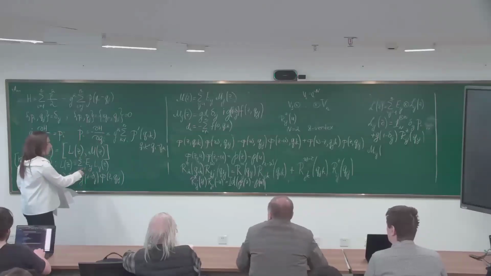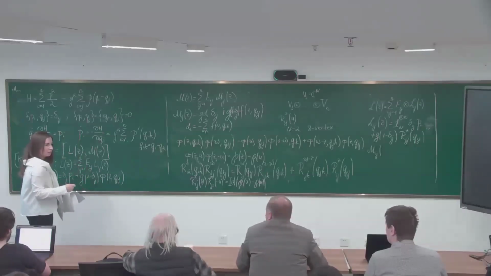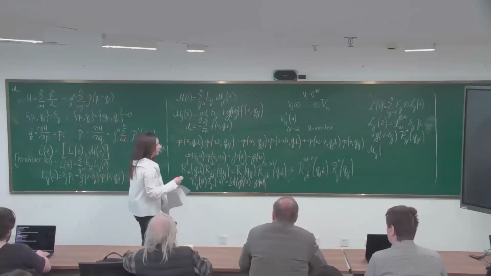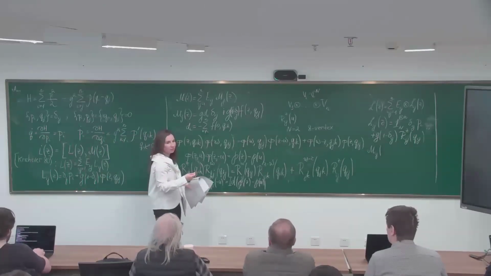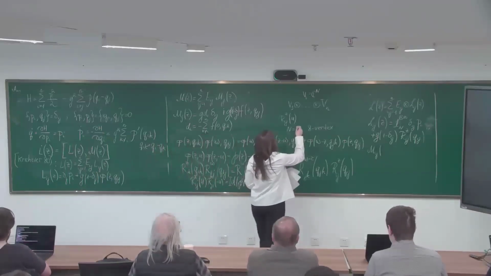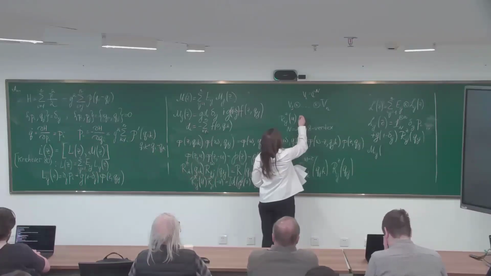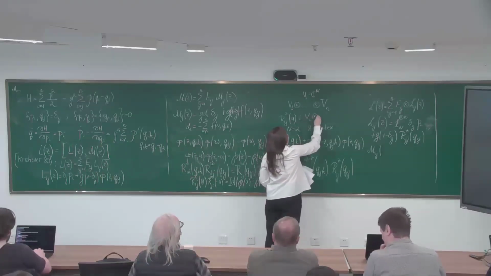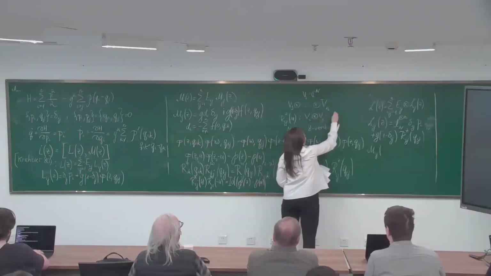Instead of functions, for any N capital, you get the same. It's the elliptic Baxter-Belavin matrix, and this acts non-trivially on V_i, V_j.